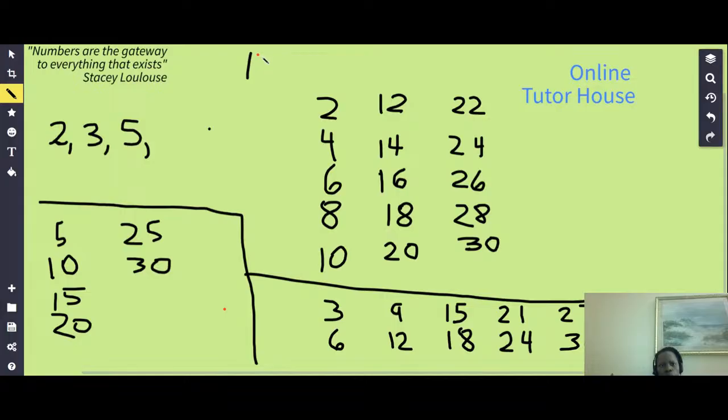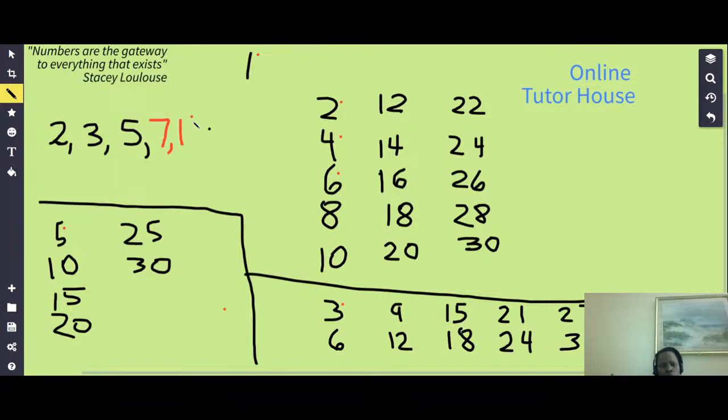So we got 1, 2, 3, 4, 5, 6. 7 is not in the multiples. So we say 7 is the next prime. Okay. And then 8, 9, 10. 11 is not here.